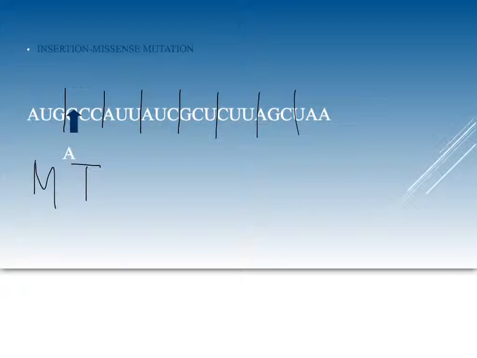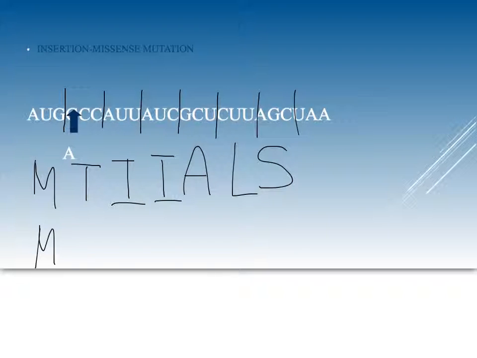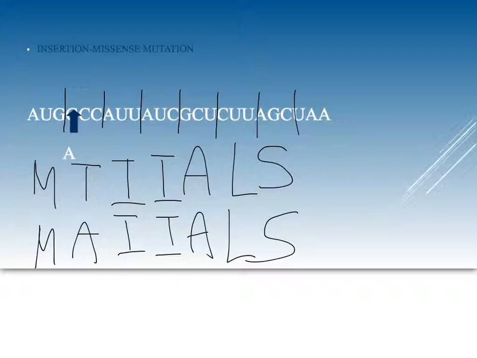And then it's isoleucine, GCU, alanine, leucine, serine, stop codon. So instead of MAIIALS, we now have this threonine instead of alanine. It changes the amino acid, which makes it a missense mutation.